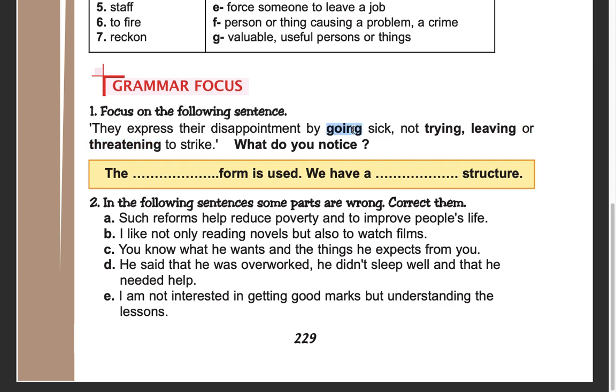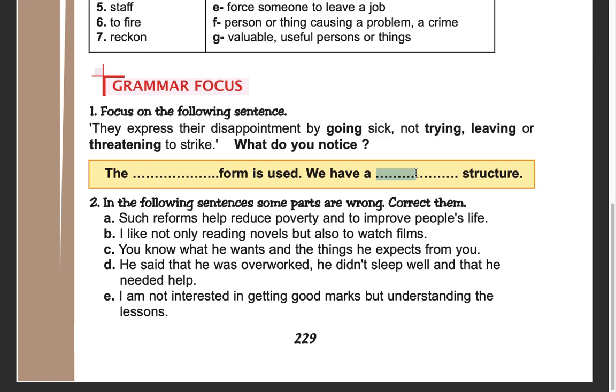As we have noticed, here we have the same expression being repeated in the same form: going, trying, leaving, threatening. This form is what we call a parallel structure.